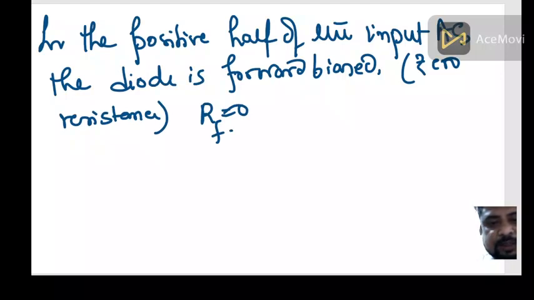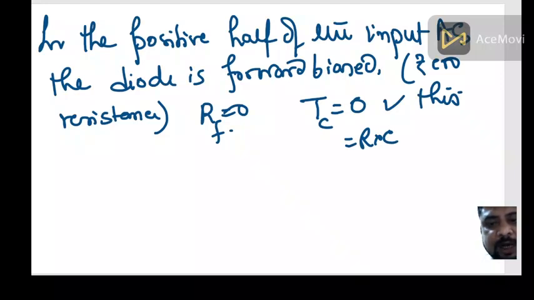Now try to relate the things. If the resistance R is zero, forward resistance, then the time constant will be zero. This means time constant, which is R into C, will be zero as R is zero.